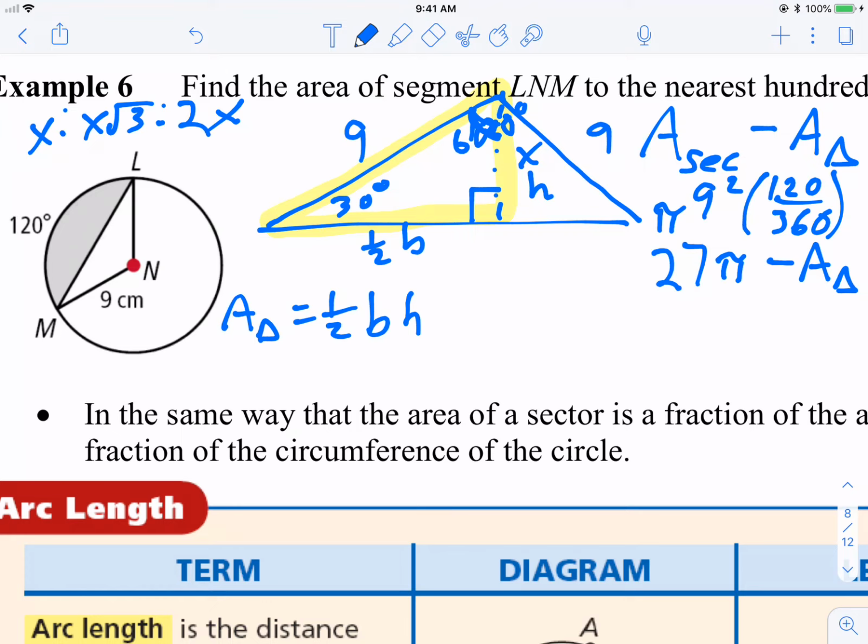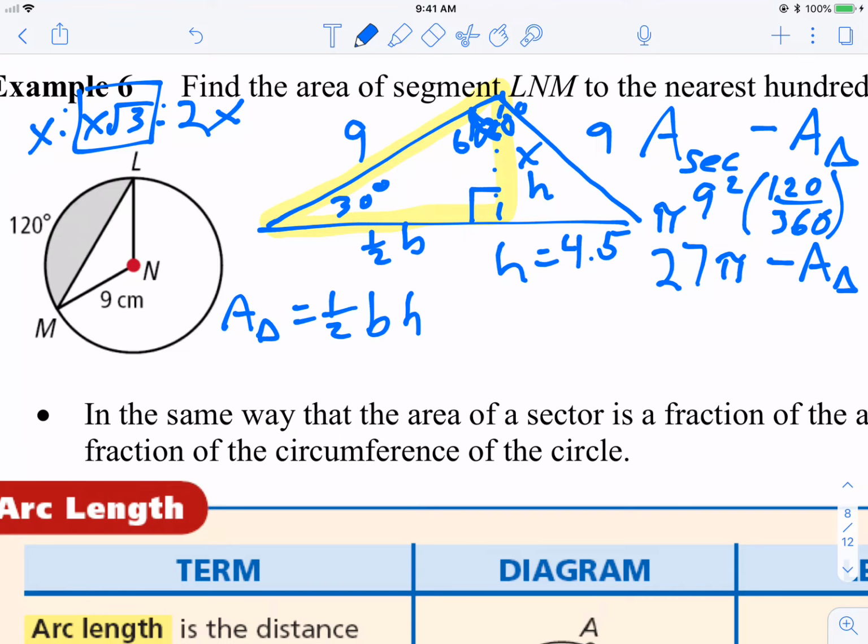Okay? So if we have the longest side, the hypotenuse, of 9, we know that x is going to be half of that, which would be 4.5. So our h value is going to be 4.5, and we can use that down here in our area equation. But importantly, we know that 4.5 times the square root of 3 is going to give us half of the base.